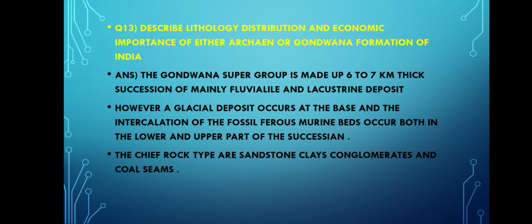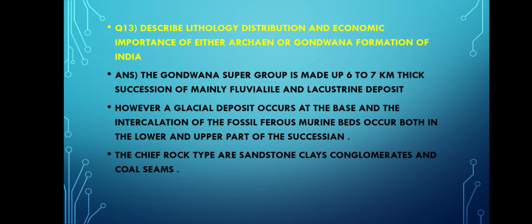Now next point. However, a glacial deposit occurs at the base and the intercalation of the fossiliferous moraine bed occurs both in the lower and upper part of the succession.